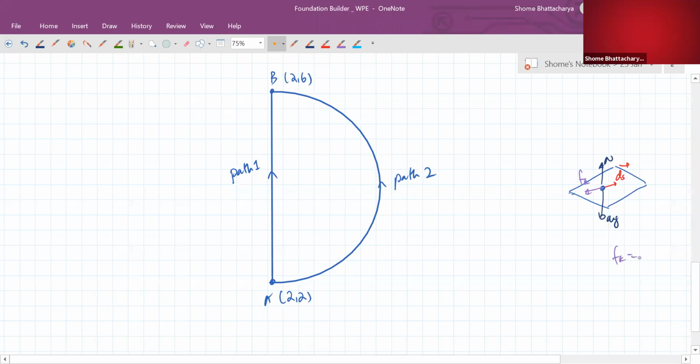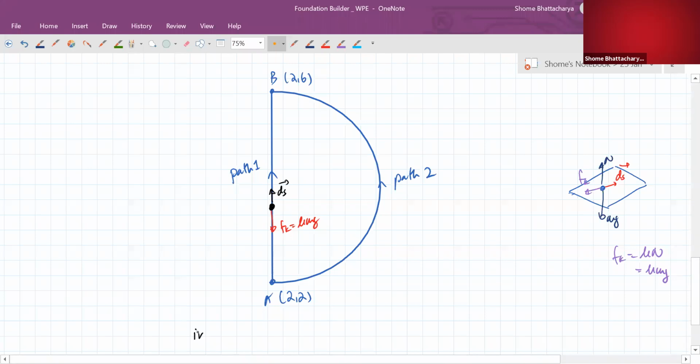The kinetic friction will have a magnitude of mu N, that is mu mg. So during path 1, for a small displacement ds like this, the kinetic friction of mu mg is acting like this.